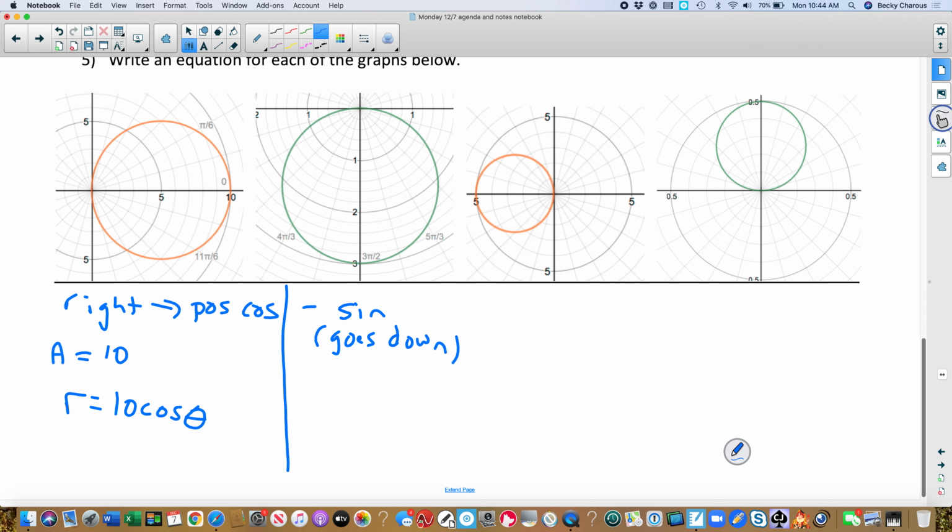So this is going to be r equals negative 3 sine theta because the diameter here is 3. The diameter is 3, that's positive, right. But a is actually going to be negative 3 in this context because we need it to be going down. Gotcha. Okay, next one.